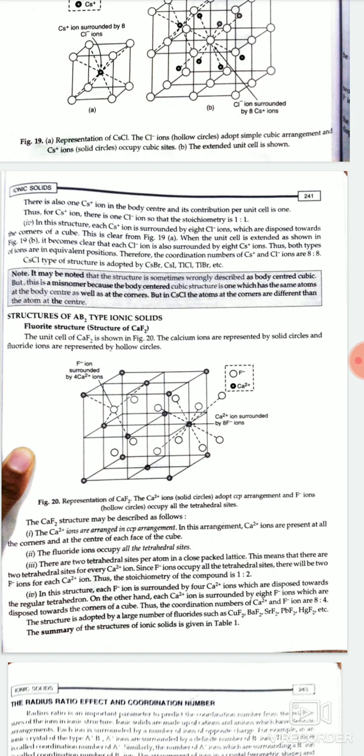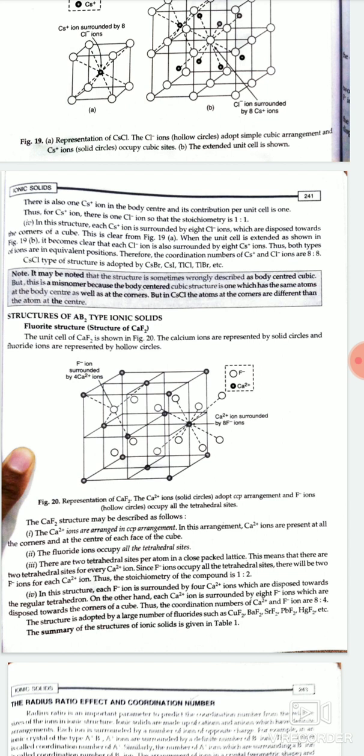Thirdly, there are two tetrahedral sites per atom in a close packed lattice. This means that there are two tetrahedral sites for every Ca2+ ion. Since F- ions occupy all the tetrahedral sites, there will be two F- ions for each Ca2+ ion. Thus, the stoichiometry of the compound is 1:2. In this structure, each F- ion is surrounded by four Ca2+ ions which are disposed towards the corners of a regular tetrahedron.